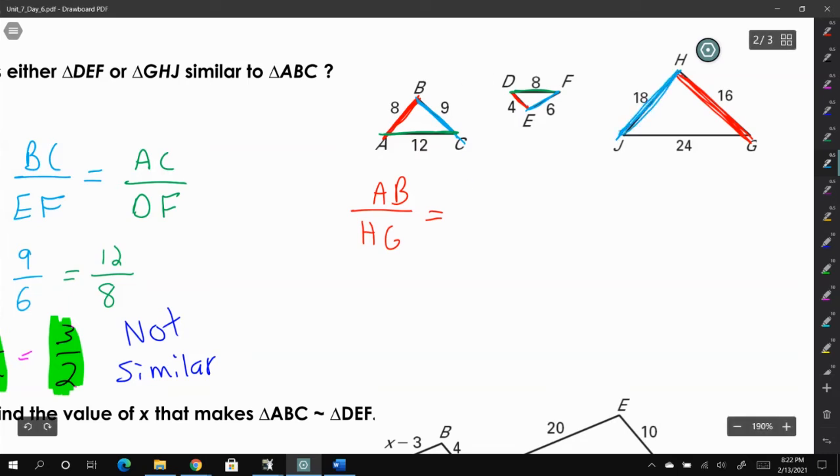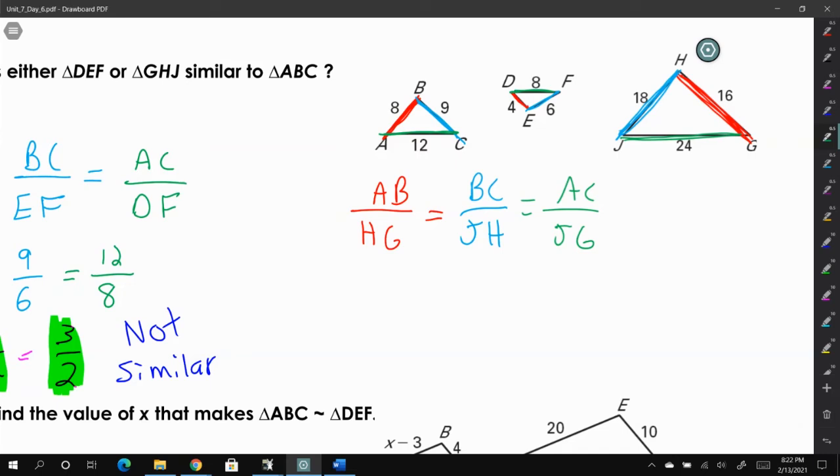JH is the second shortest side in the other triangle. And then that should equal AC over JG.